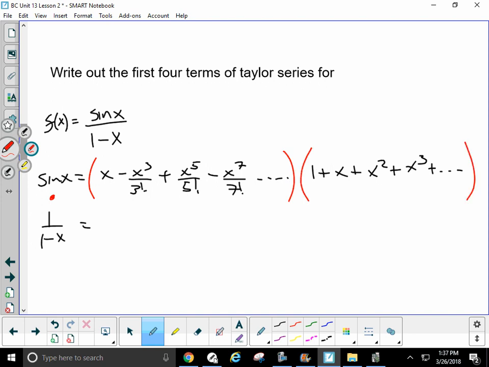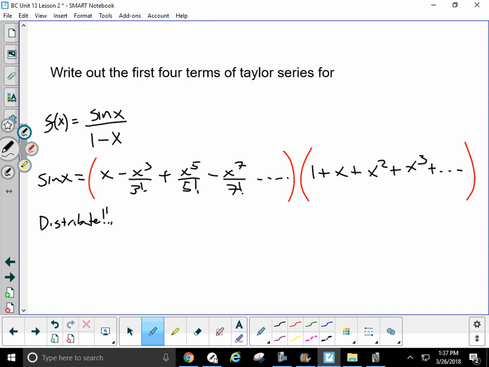What type of multiplication needs to be done? Essentially like a foiling, a distributing. It's a lot of distributing, right? It's an infinite amount of terms times an infinite amount of terms.